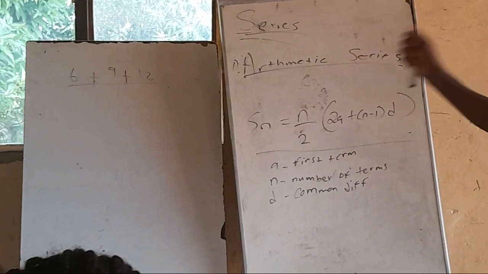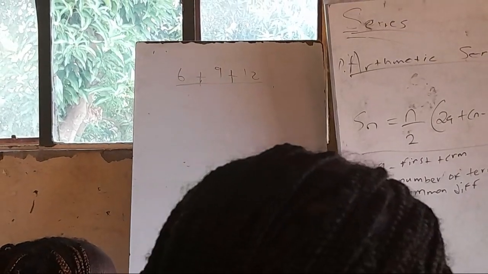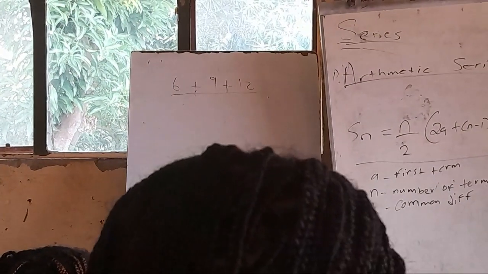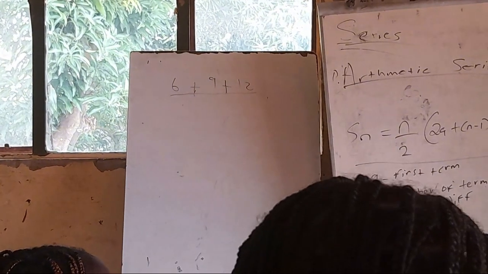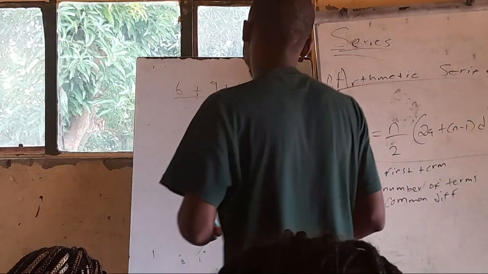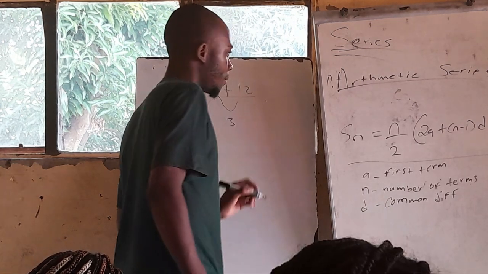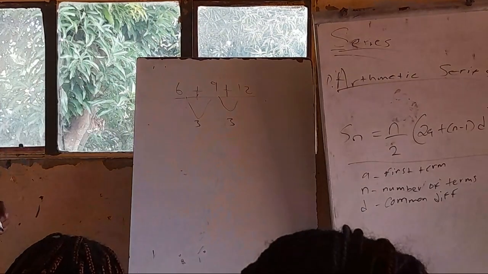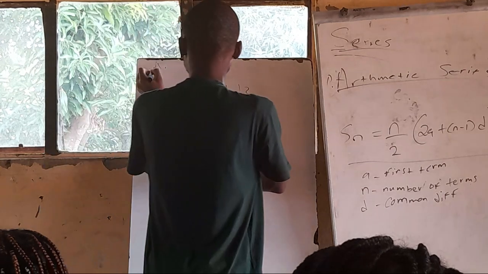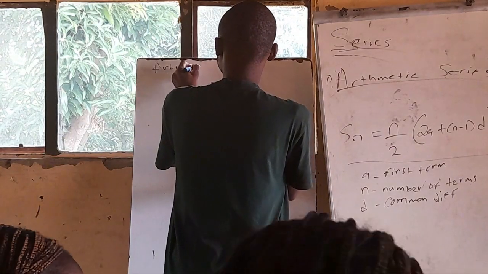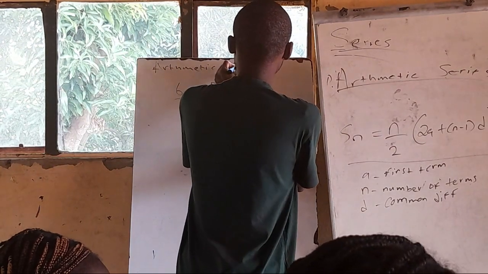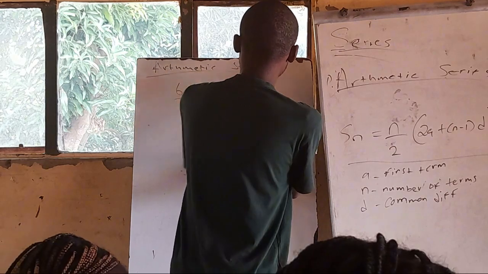What type of series is that one? Is it geometric or arithmetic, and why? How do you see that? It has a common difference of 3, right? 3, 3. You see that? Now you know this is an arithmetic series.